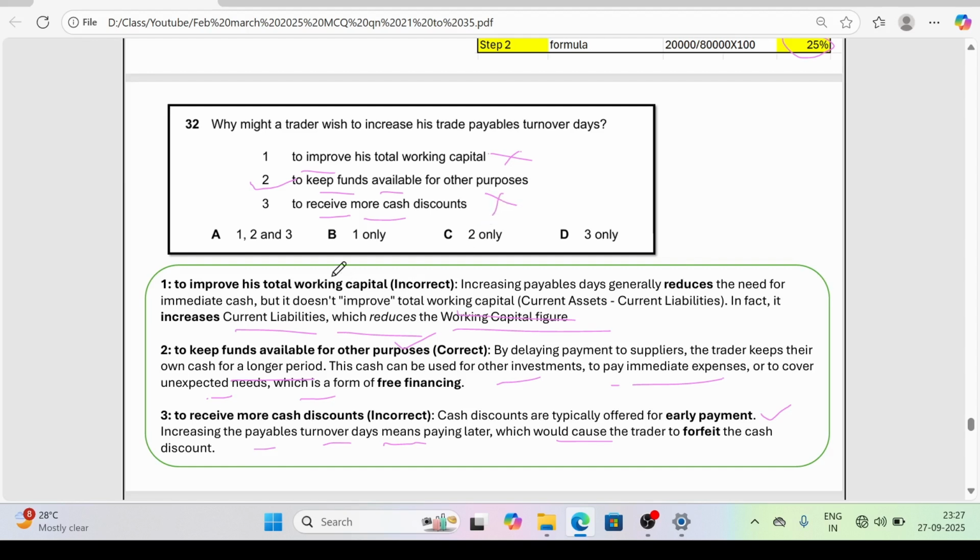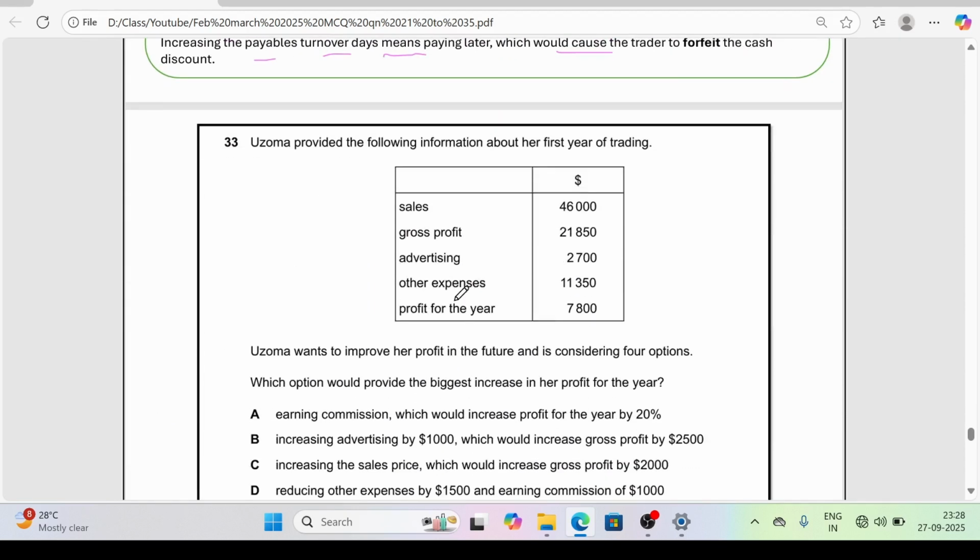Then option 2, that means option C is the correct answer: to keep funds available for other purposes. That's why a trader may wish to increase trade payable turnover days, to keep funds available for other purposes. Okay, so let's move to question number 33.